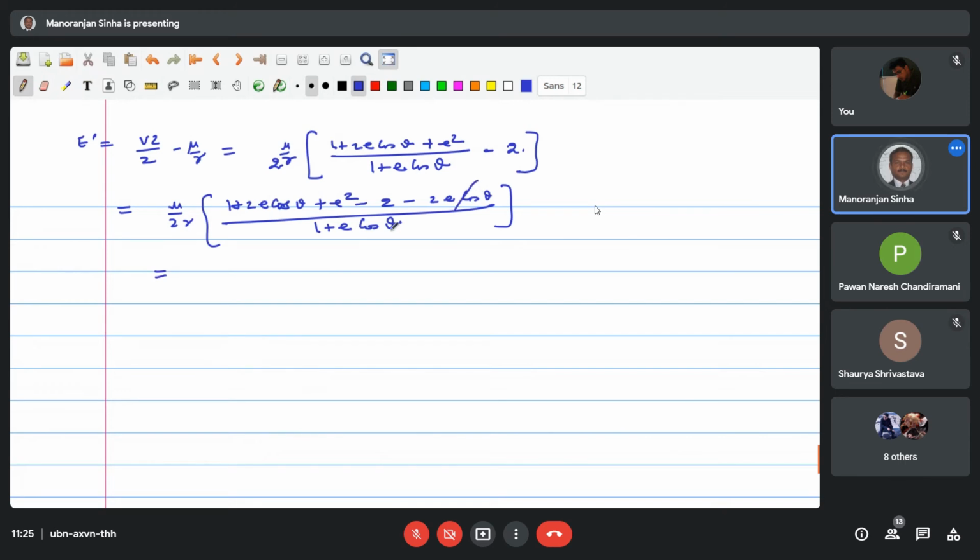So the cos theta is cancelled out. This is e square minus 1, mu by 2.